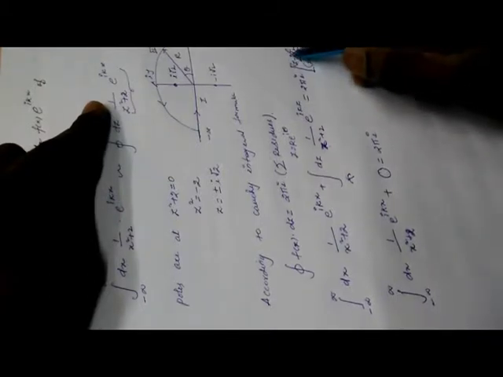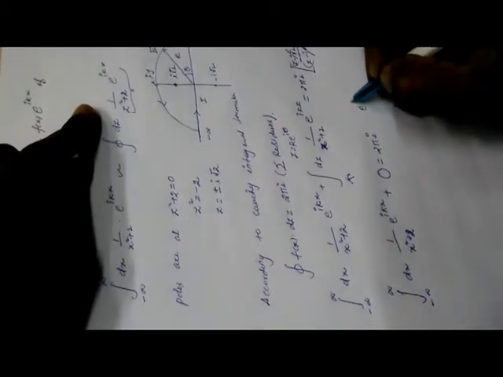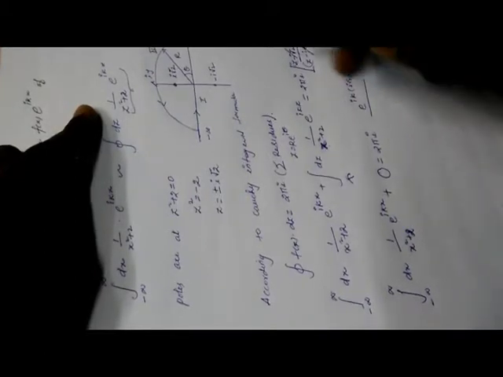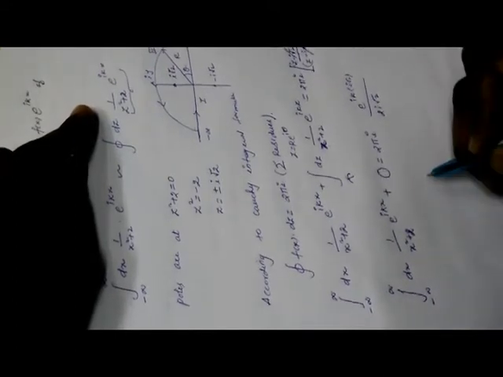We just remove that point. By removing that point, it will give e to the power i k z, with z equal to i square root of 2, divided by 2i square root of 2. Yes, 2i square root of 2.